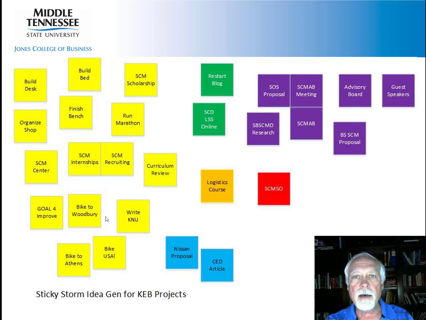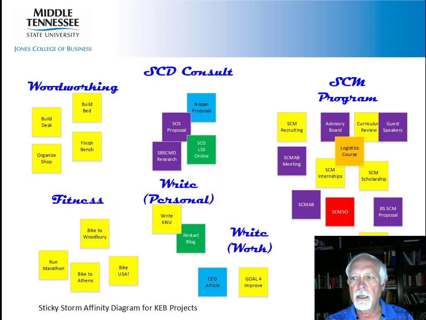Next step is to create an affinity diagram. In an affinity diagram, you start to group these ideas, the sticky notes, into groups that make sense. So I have a group I called woodworking because some of those ideas for projects were woodworking projects.